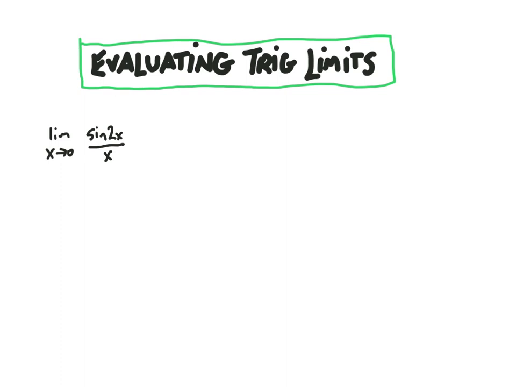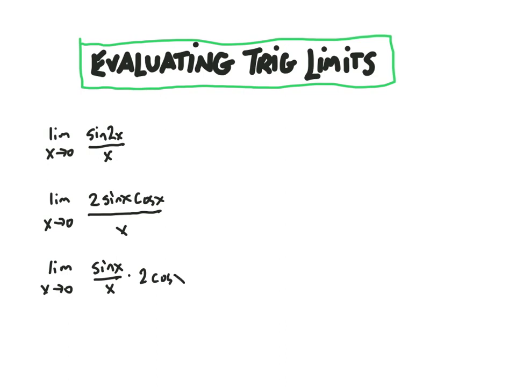For starters, seeing sine of 2x might make you think of sine's double angle identity. If you think of it that way, you could rewrite the problem as the limit as x goes to 0 of 2 sine x cosine x divided by x. And this, of course, is a useful way to rewrite the problem because now I can say that this is the limit as x goes to 0 of sine x over x multiplied by 2 cosine x, a product of two functions, one of which we have done a lot of work on already, the limit as x goes to 0 of sine x over x.